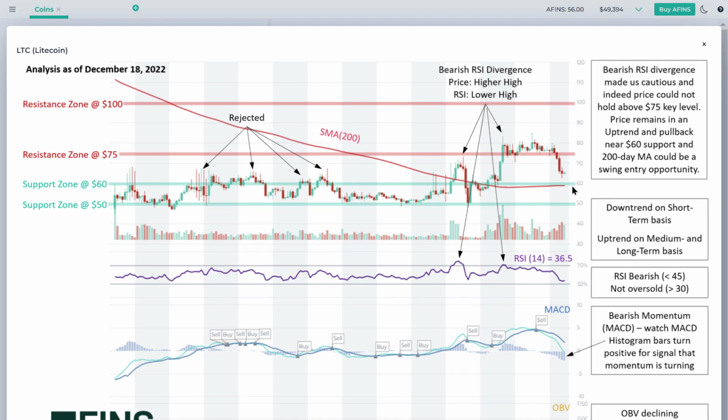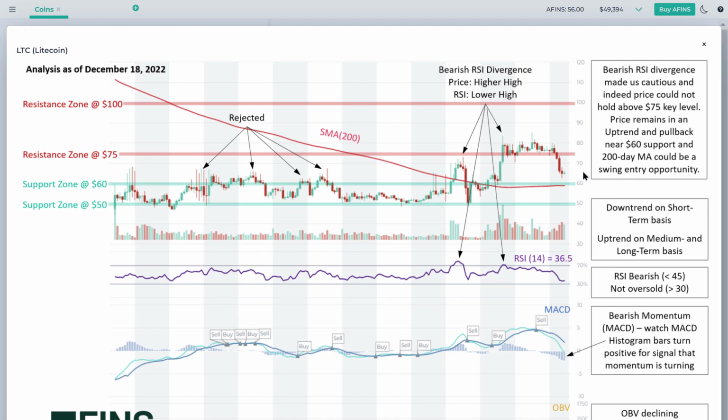And when it lines up with another horizontal support area, in this case $60, it creates a pretty solid support zone where one could expect the pullback in price to stabilize and maybe even see an upswing thereafter.